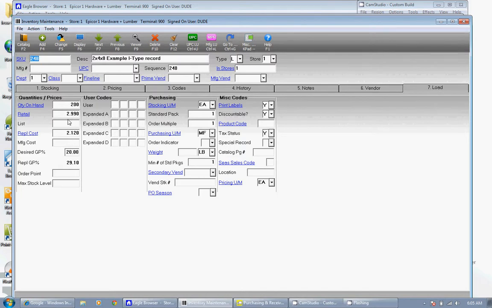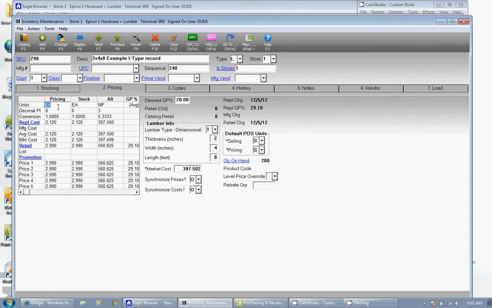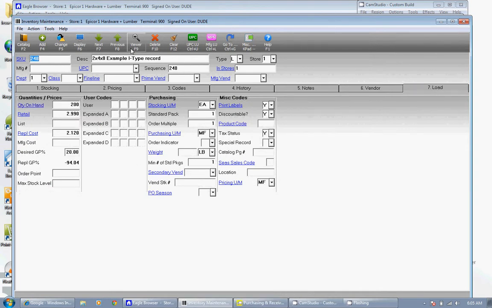As I move over to the load tab, you'll notice my retail price is $2.99. It's indicated here as my retail price. If I include this left-hand column as 1,000 board feet, I really don't want to do that, because then anytime I'm looking at my pricing information, let me redisplay this.